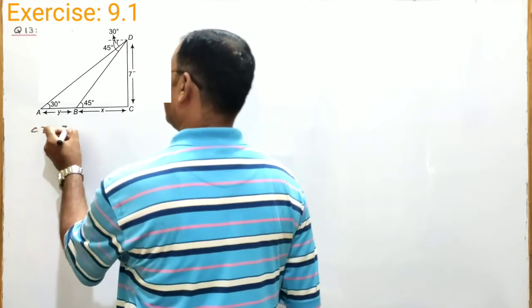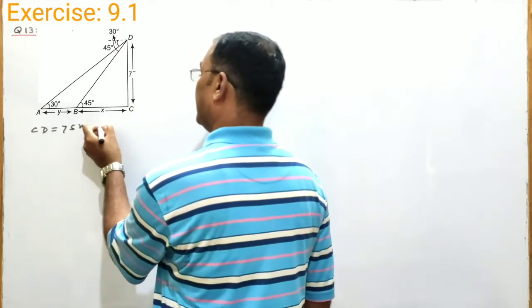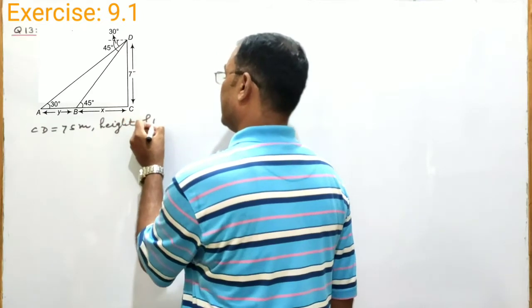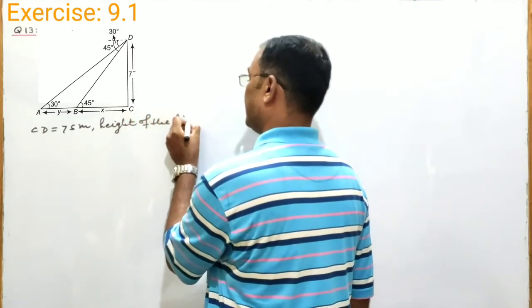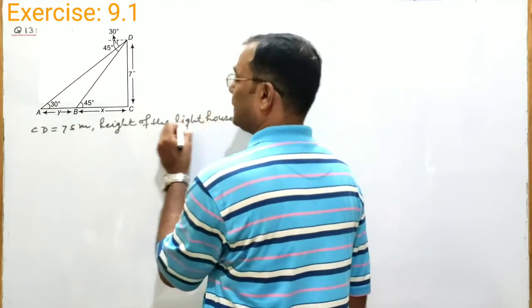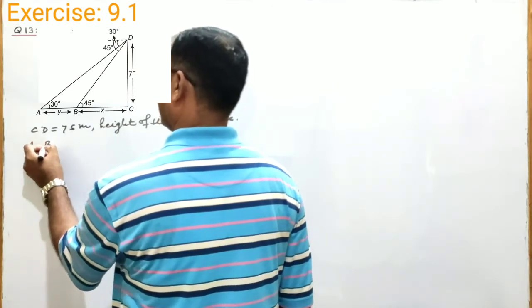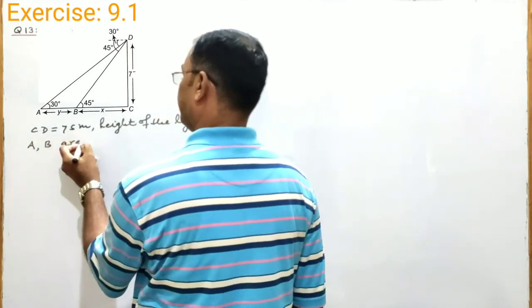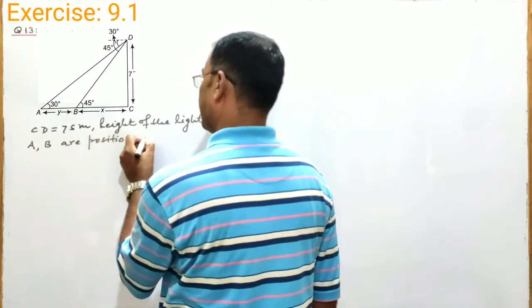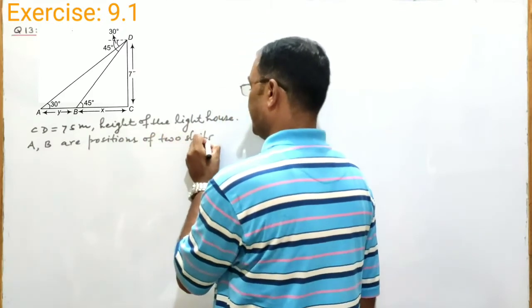CD equal to 75 meter, height of the lighthouse. A and B are positions of two ships.